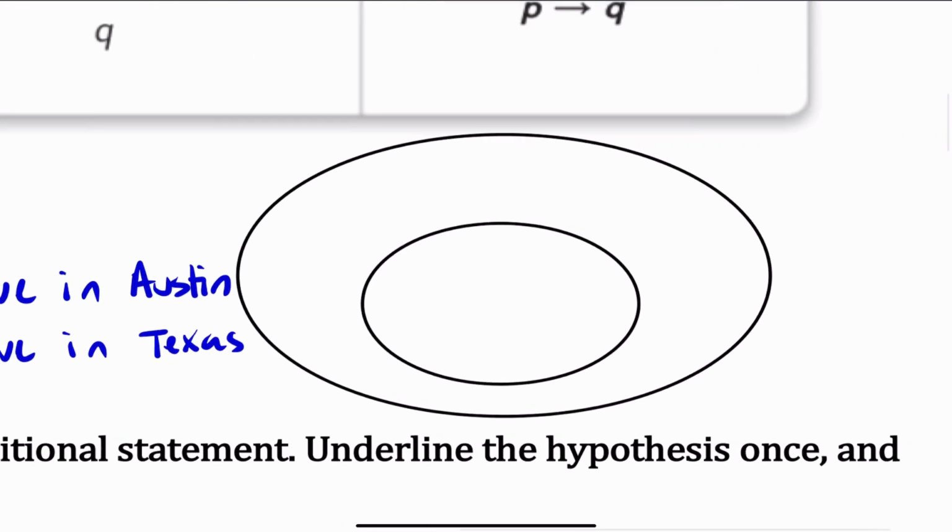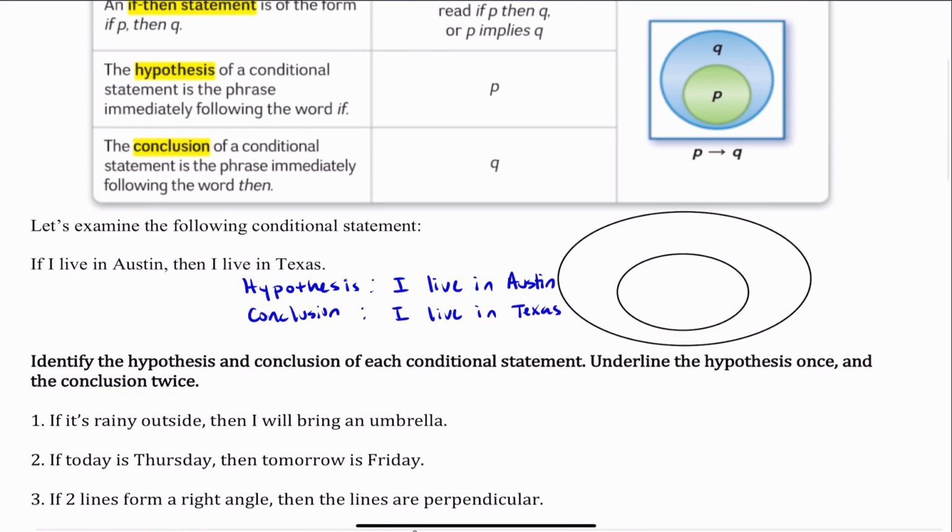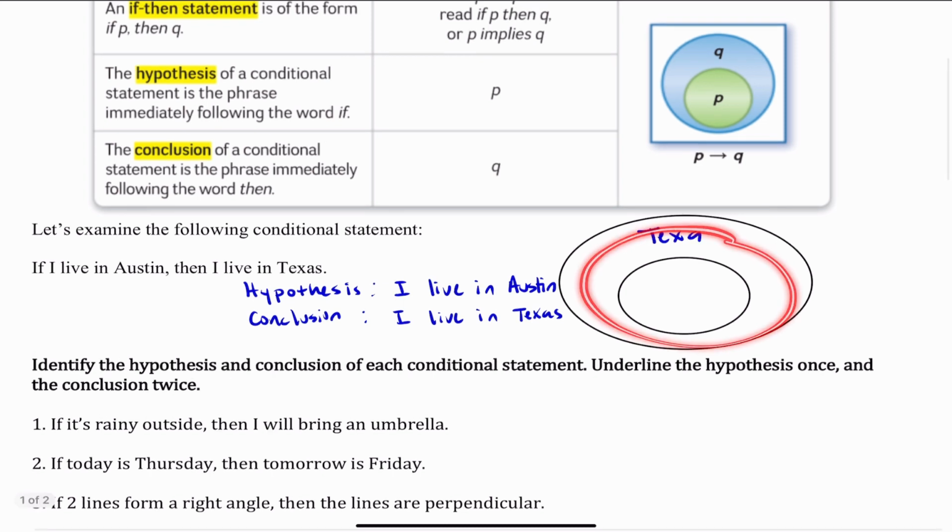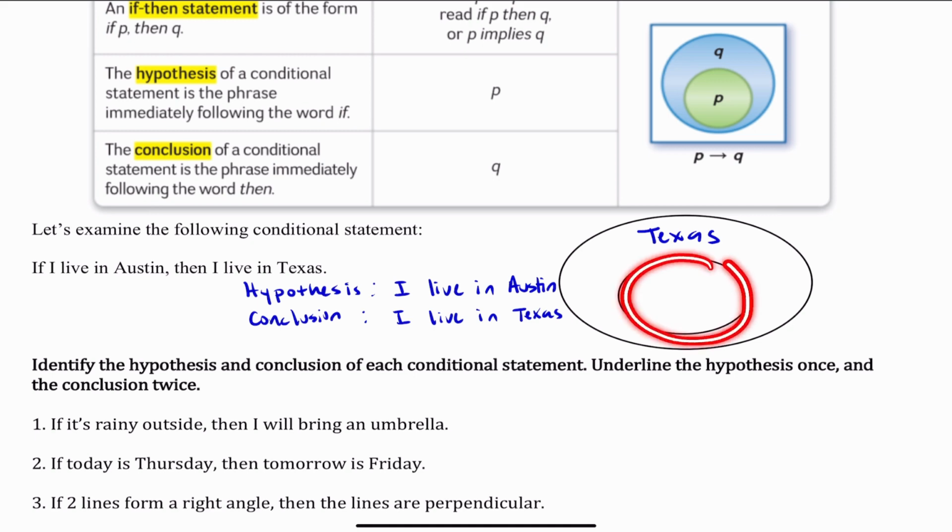So we can take a look at this model here and think about the real world situation. If I live in Austin, obviously I live in Texas, right? Texas is a state, and of course it contains the city. So let me write Texas. We can pretend that this outer circle is the state, and what's inside is our cities.